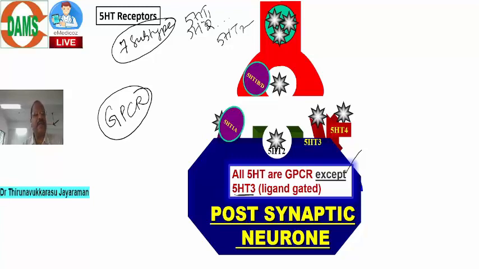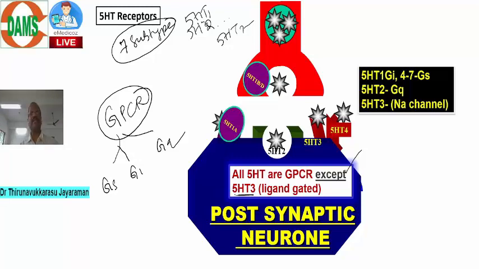Here, extra point: if we say a receptor is G protein coupled, it can be either Gs or Gi or Gq. All this we discuss in the regular class in general pharmacology, called pharmacodynamics, receptor mediated mechanism of action. Here what I want to say, among the serotonin receptors, 5HT1 is the Gi receptor, inhibiting adenyl cyclase. 5HT2 is the Gq receptor. 5HT3 is a ligand-gated, opening a sodium ionic channel.